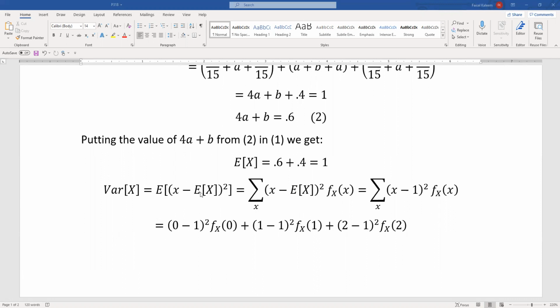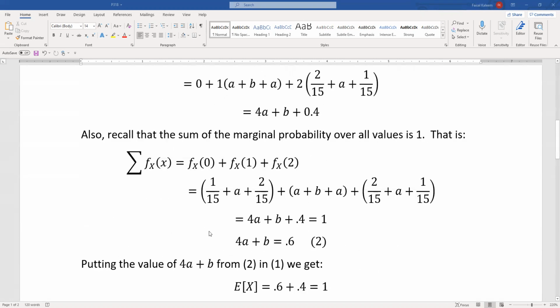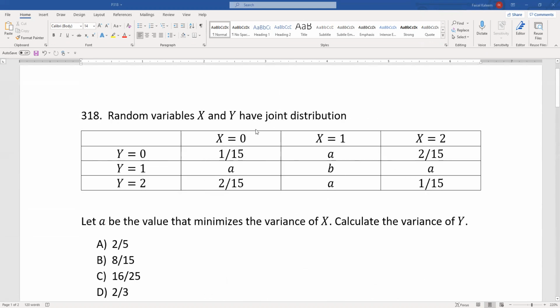So the expected value of x minus E of x whole square is the summation of x minus E of x whole square against the marginal probability of x. So that's equal to x minus 1 whole square against fx, because E of x is 1. So you substitute the possible values of x, which are 0, 1, and 2.